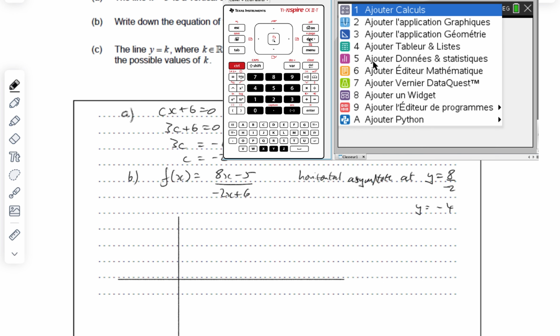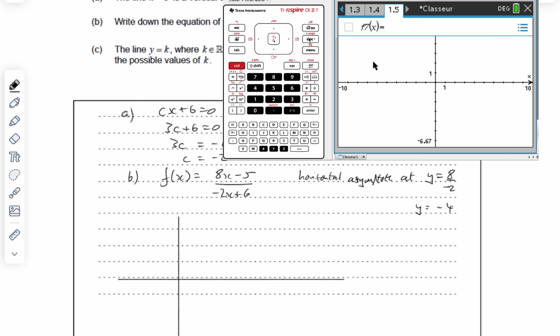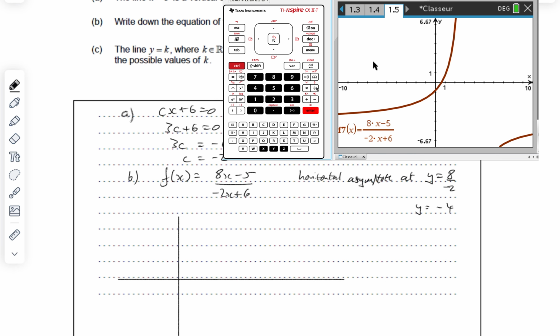We want to see a graph page with the equation that we've got now, with the value of c being negative 2. So put a fraction in first, with 8x minus 5 on the numerator and negative 2x plus 6 for our denominator.